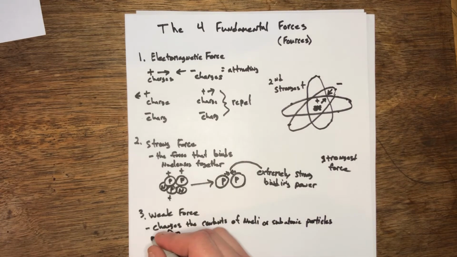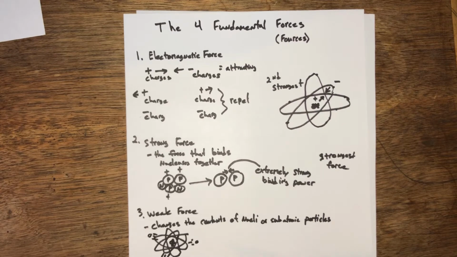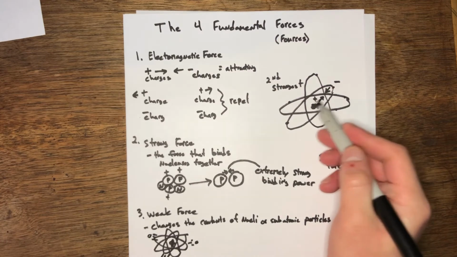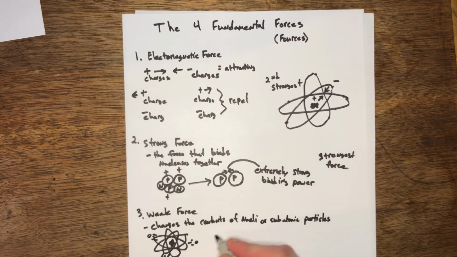How does that happen? What is occurring that is allowing particles inside of a nucleus to be flung out and also to change the nucleus? So how is the electromagnetic force and strong force overcome? Well, that is with the weak force.